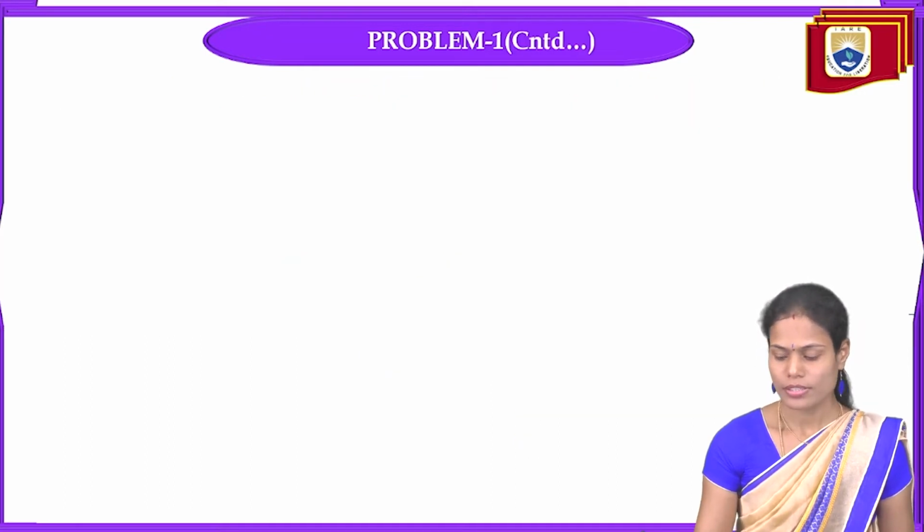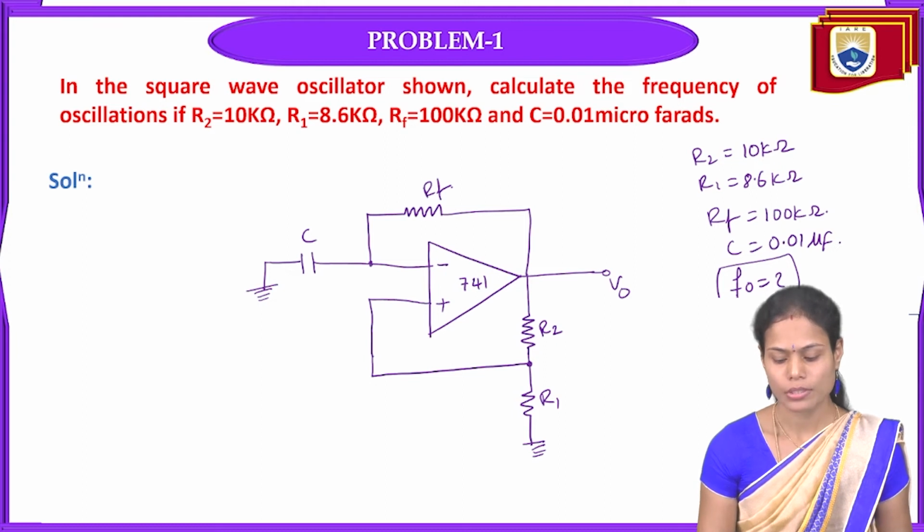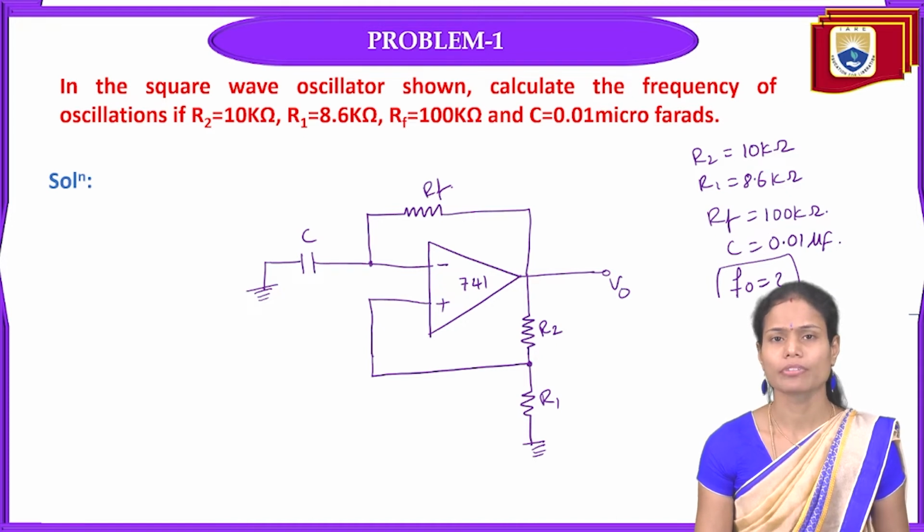This given circuit is an astable multivibrator using an operational amplifier, so it is a square wave generator. We can say it is a square wave generator also, because in the astable multivibrator we don't have any stable states.